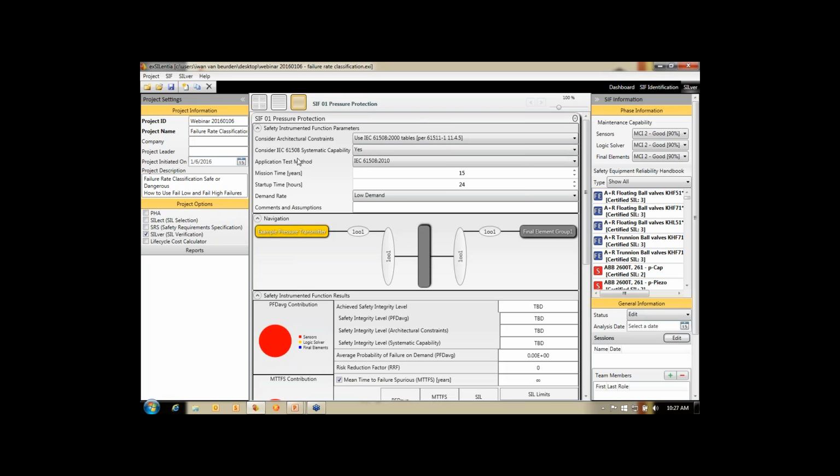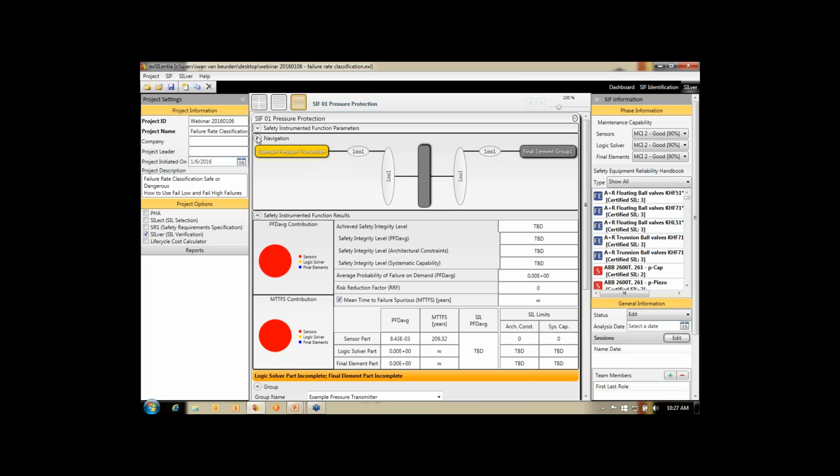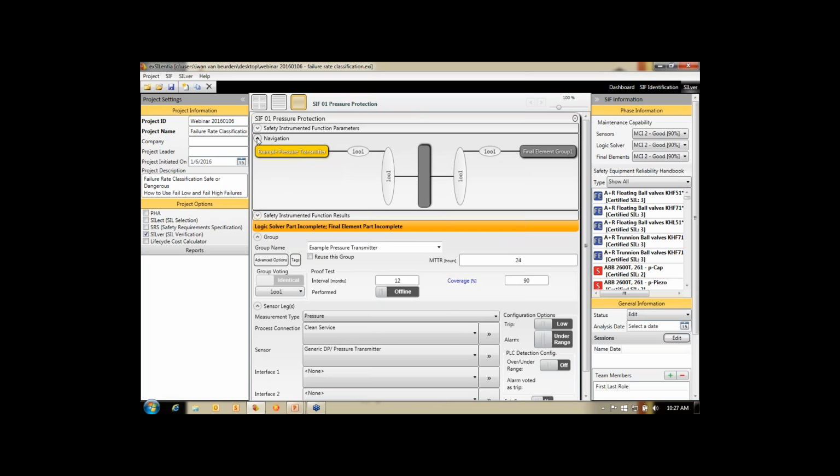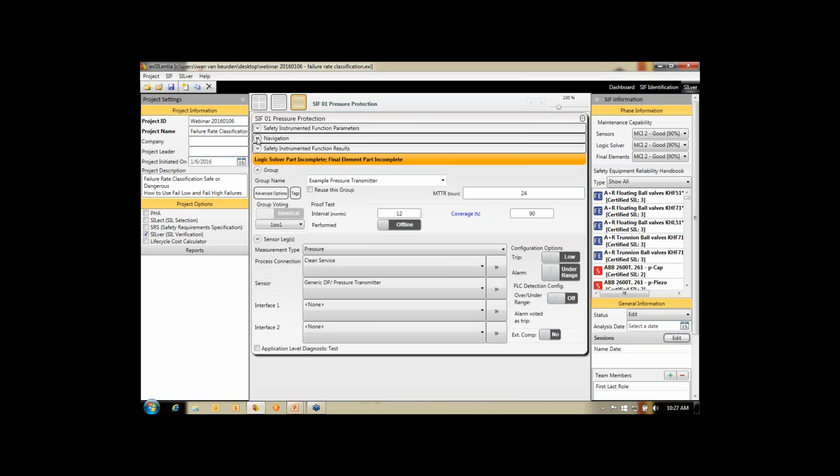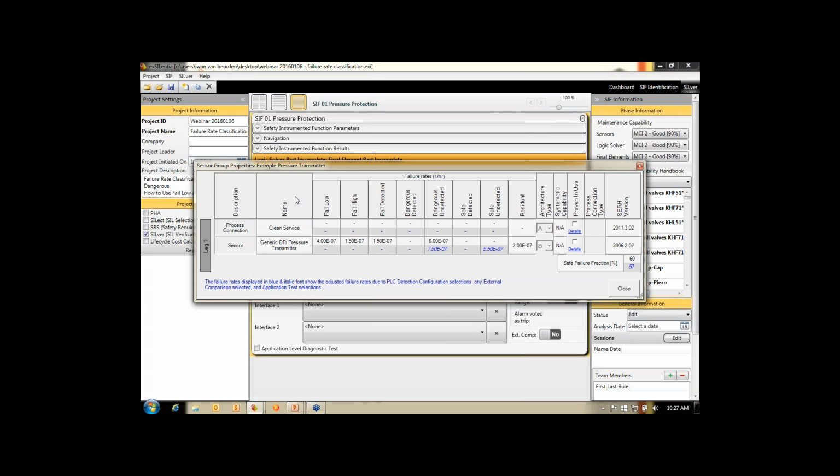You should see the exSILentia software now, where I have just a simple safety function with a pressure protection function. I've selected the pressure transmitter sensor group. I can collapse the results here and also the navigation. We can just focus on the sensor group and the classification of failures. If I click on this advanced option button, I get this pop-up that will show me all the failure rates.